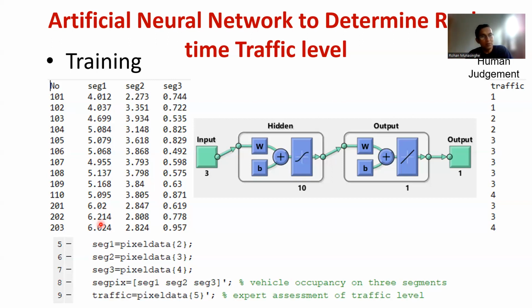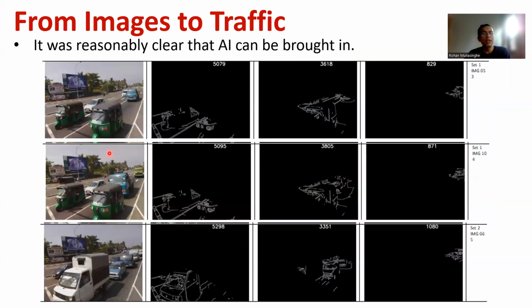But when you annotate the images, because you have human intelligence, you can actually look at this one and see how many vehicles are coming. You can see a lorry coming from here, so it generates 870 pixels. So you can give it a higher value, like 4. Not only are you looking at the vehicles that you see in the near field, but you can also judge how many vehicles are there in the mid field and far field, and then assign the traffic level.